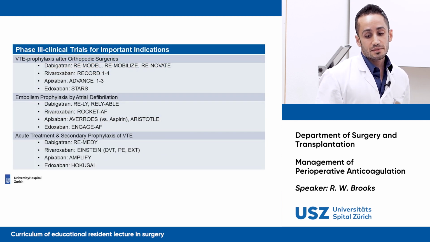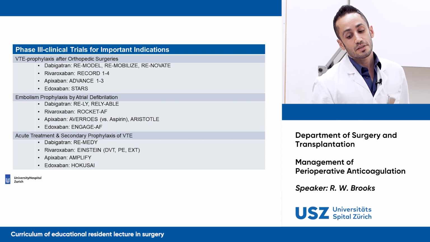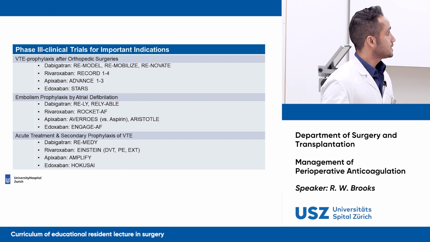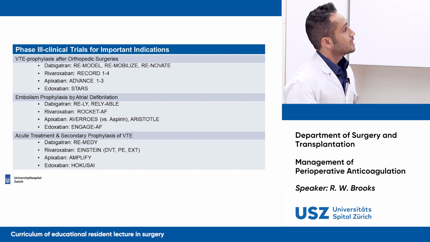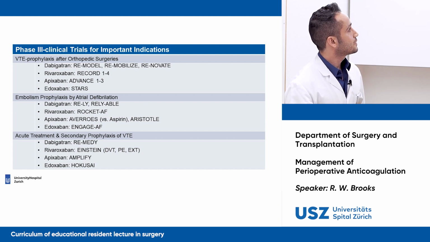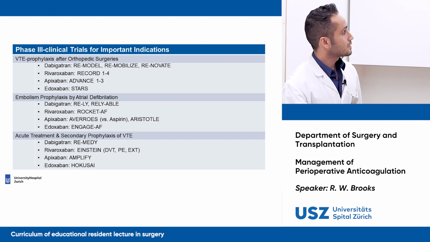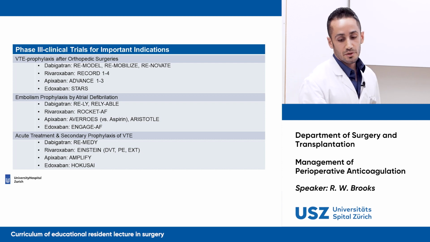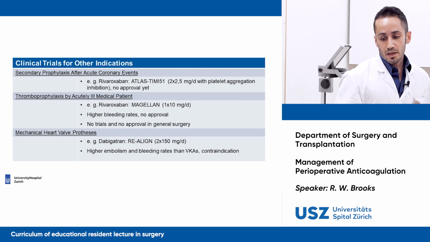Phase 3 clinical trials have been done for the important indications for those medications. We have approval for venous thromboembolism prophylaxis after orthopedic surgeries for dabigatran, rivaroxaban, apixaban and edoxaban in the listed trials, and also for embolism prophylaxis in atrial fibrillation and for acute treatment and secondary prophylaxis of venous thromboembolism.